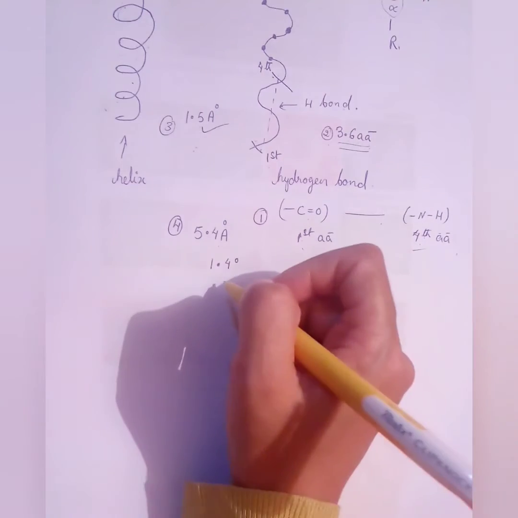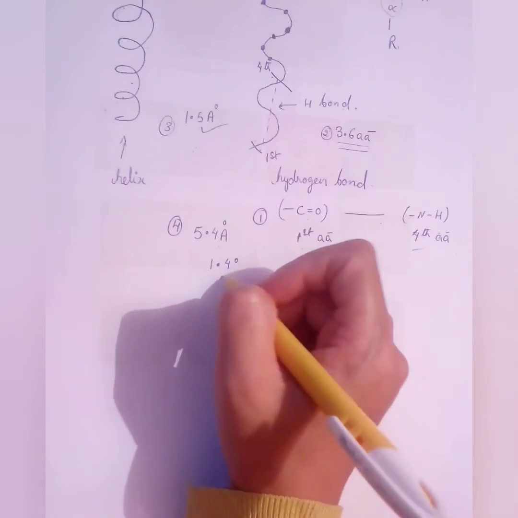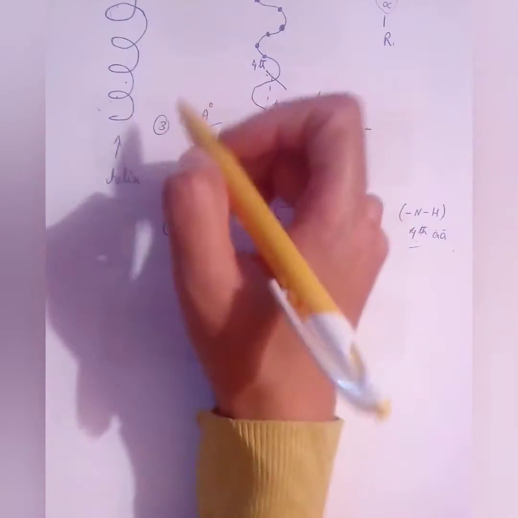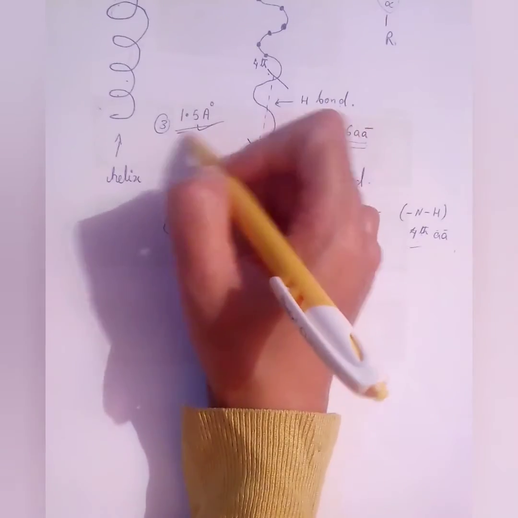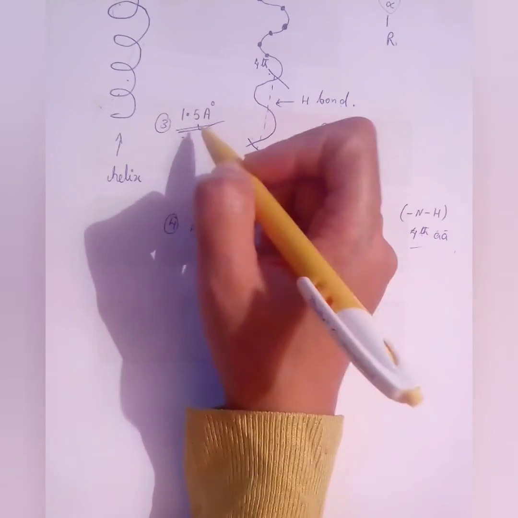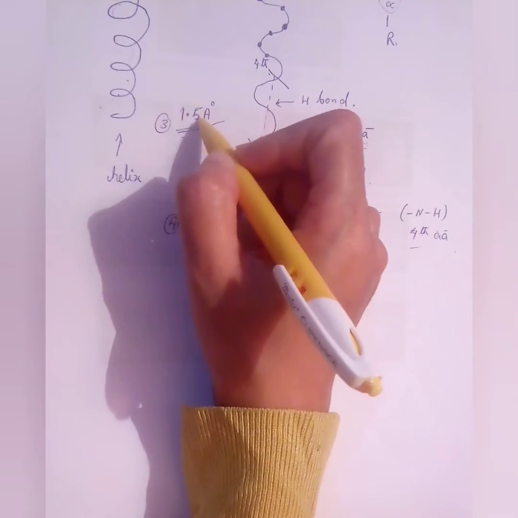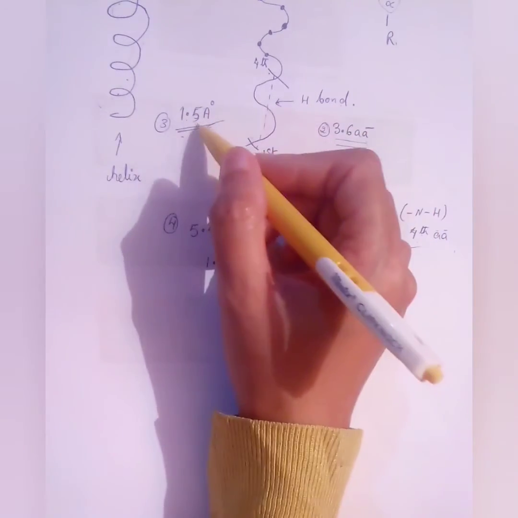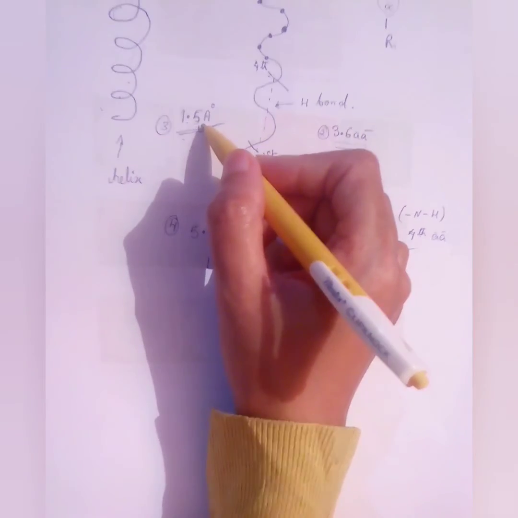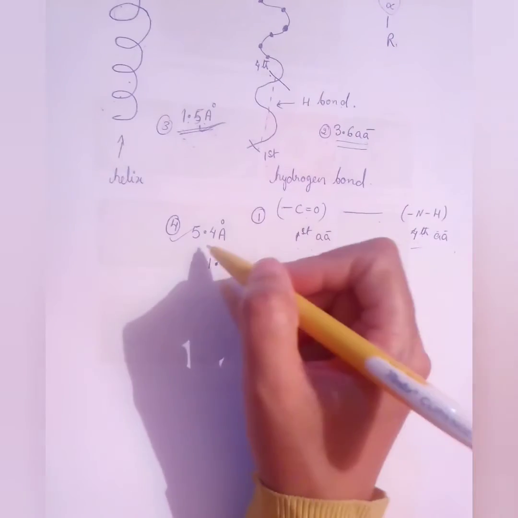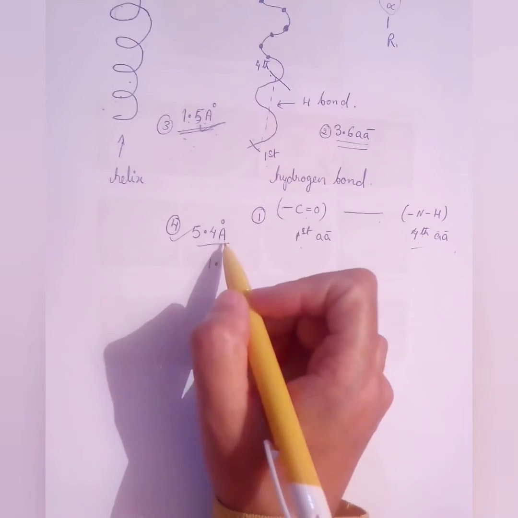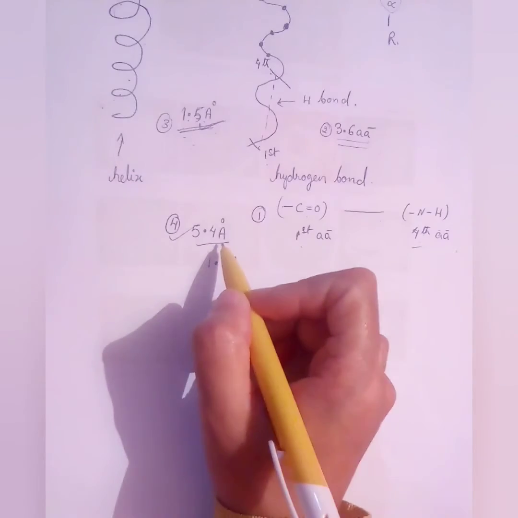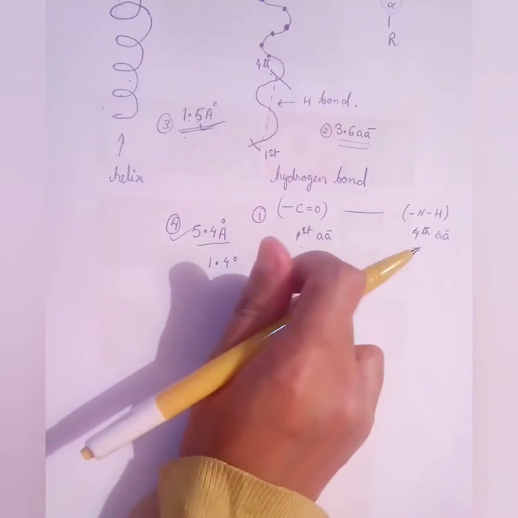So these are some of the important points to remember. And thus the alpha helix has a rise per residue of 1.5 angstrom, because the distance between each amino acid residue is 1.5 angstrom, and the structure repeats itself after every 5.4 angstrom.